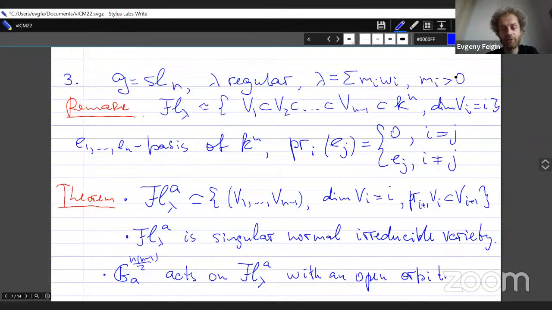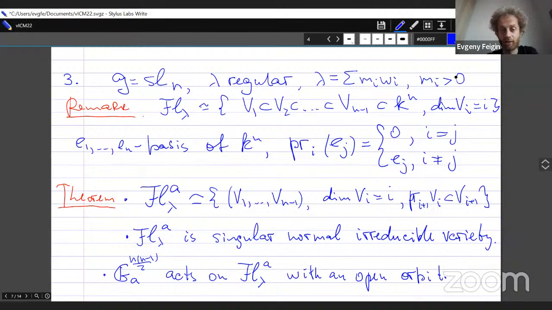This is just to make the claim more concrete. However, for G being SLN, we are able to describe the answer for all possible lambdas. So this restriction is not important, but we just want to make it more concrete here.